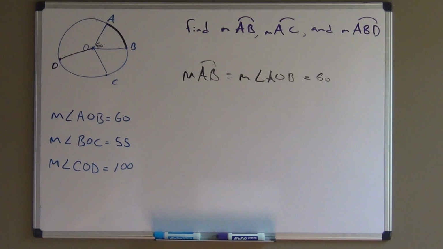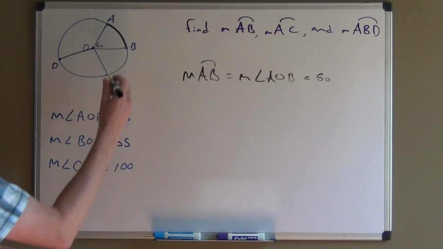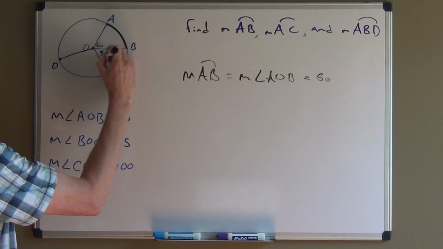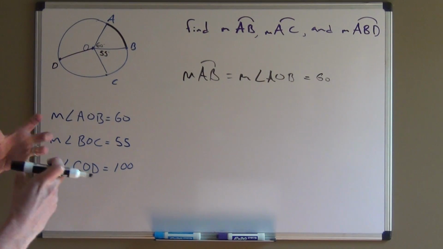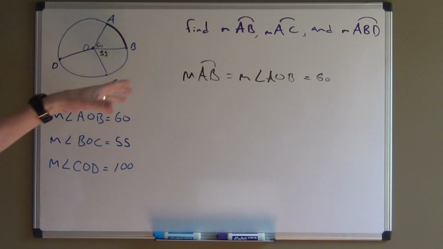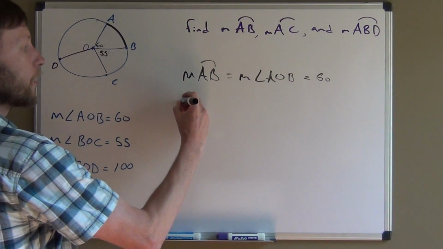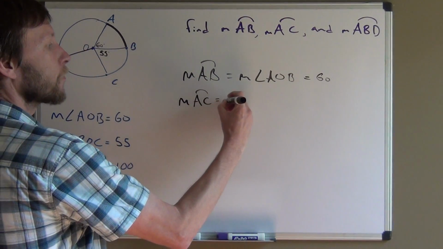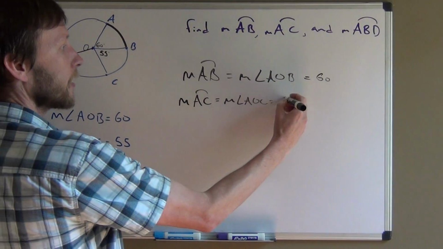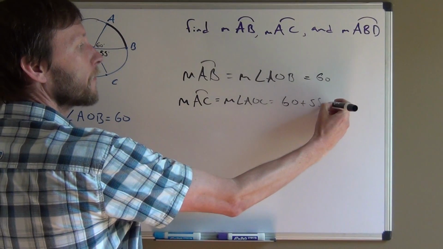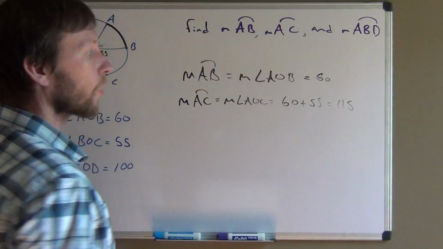And so the measure of central angle AOC, we aren't given that information directly, but we remember from the beginning of the year, section 1.4, that the angle addition postulate means if this angle is 60 degrees and this angle is 55 degrees, then the measure of angle AOC is the sum of those parts. So the measure of arc AC will be the measure of angle AOC, which in this case is 60 plus 55, or 115 degrees.